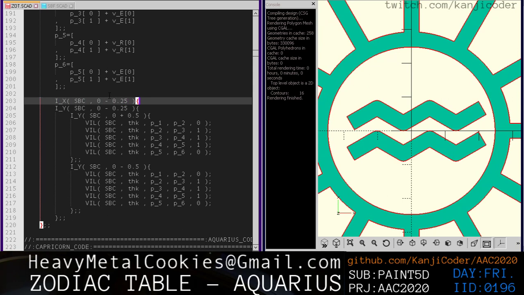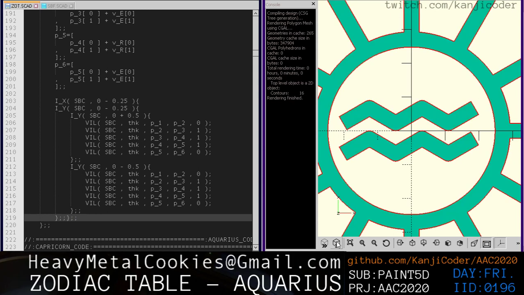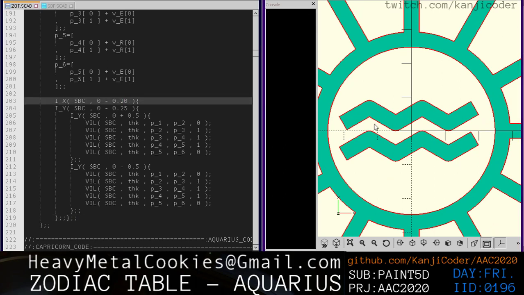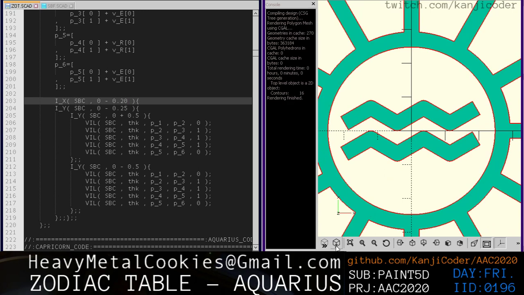First we'll just try 0.25 and then we'll go from there, right? And if we look at that, F4, see how that looks. It looks a little bit too far to me. So it's too far back. So 0.20 and F4. Try that out. That looks pretty good.